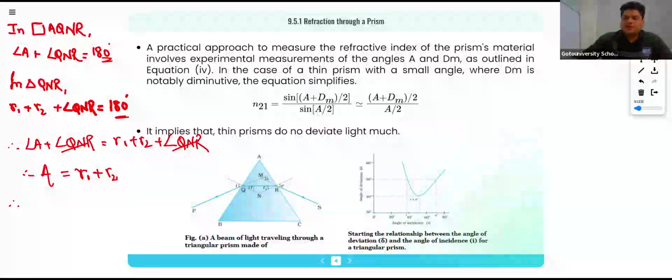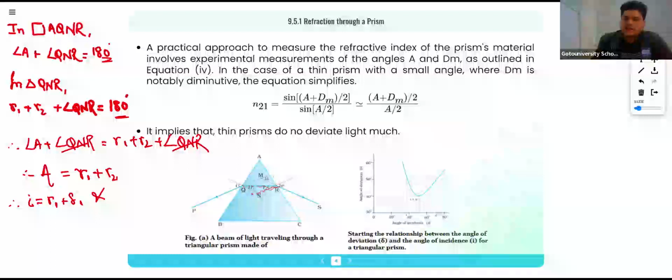So in that place we can write I is equal to R1 plus delta 1, and E is equal to R2 plus delta 2.